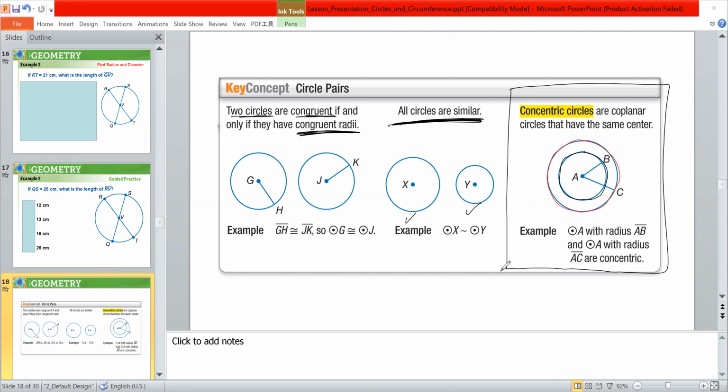There is a relationship between the radii, and this is what we will talk about tomorrow, inshallah. But you must know now that concentric circles are two circles that have the same center.